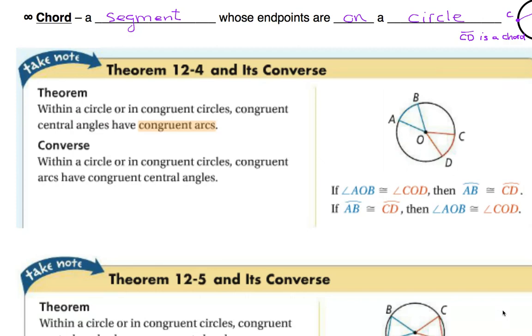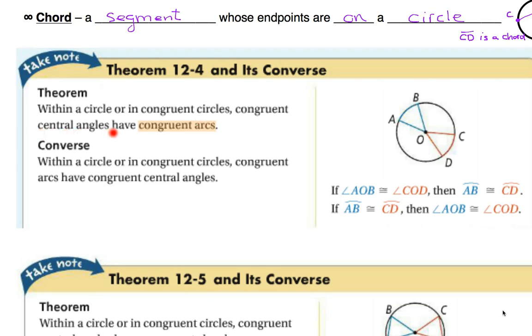Make sure you see where I am reading. Within a circle or in congruent circles, so these could be two separate circles of the same size, same radius, same diameter, congruent central angles have congruent arcs.